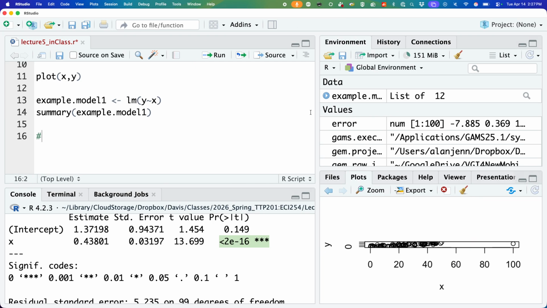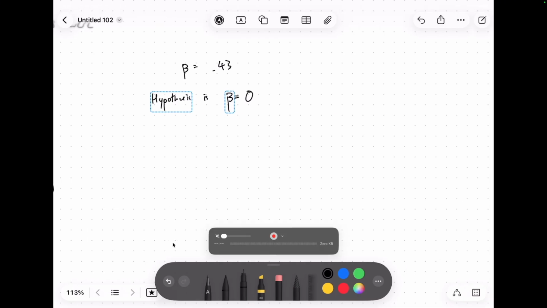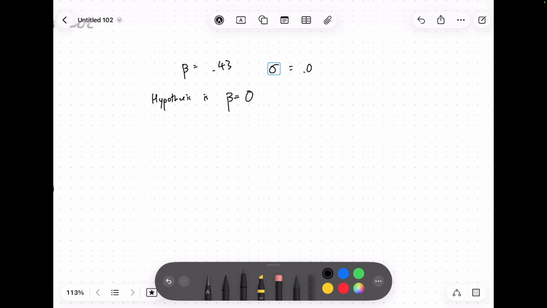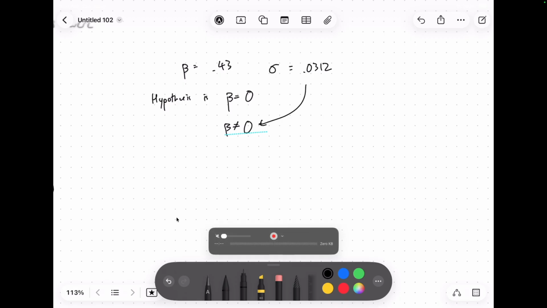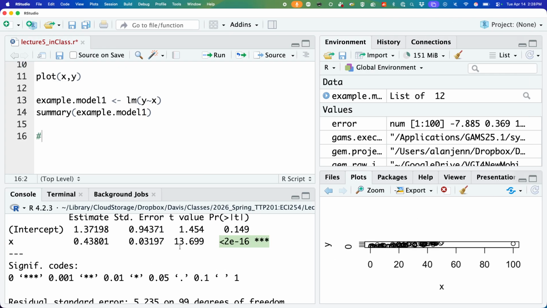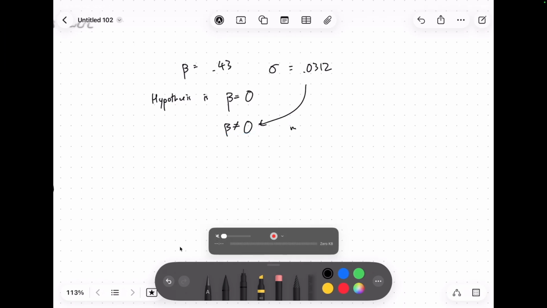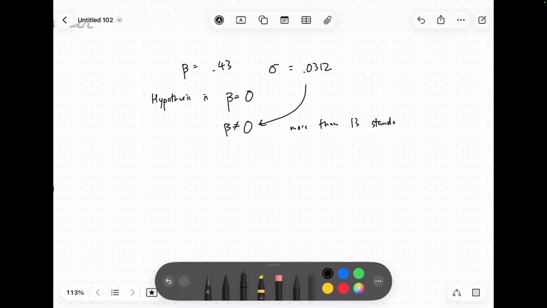And if I look here, the standard error is 0.0312, and so we reject the null hypothesis that beta is equal to 0 because, according to this, it's more than 13 standard error lengths away from 0.